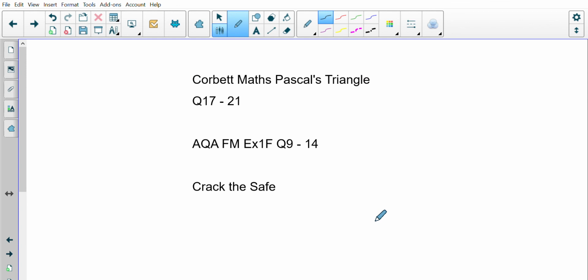So what I want you to do now is carry on with the Corbett Maths Pascal's triangle questions from files, which are questions 17 to 21.